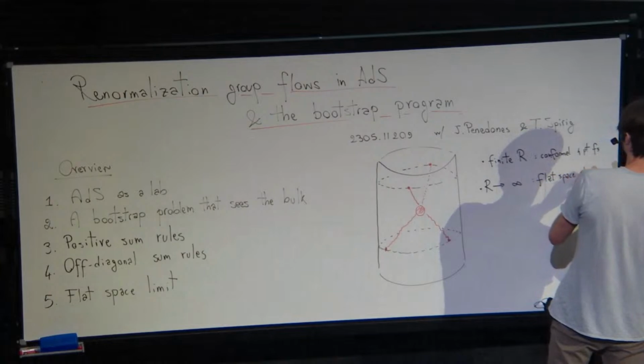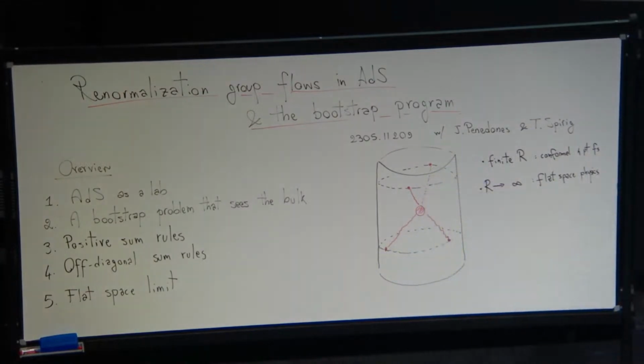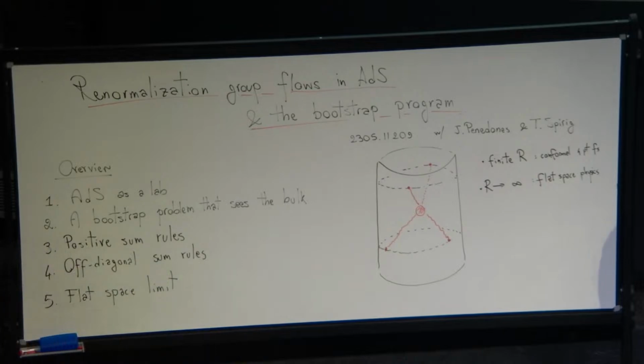So this method is computationally expensive because we need to take R going to infinity, but it has some advantages. First of all, the axioms are well understood.